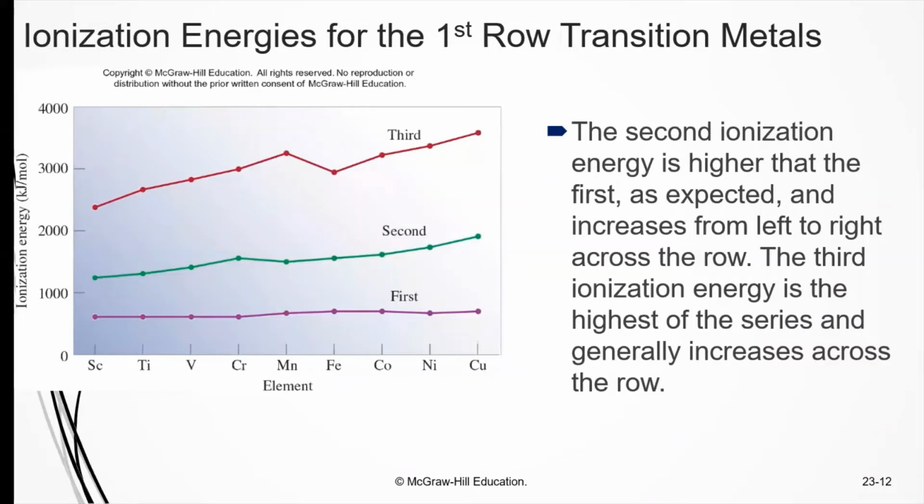We can also see that in general, we kind of trend from the left-hand side to the right-hand side in our ionization energy increases, right? You see it a lot more in our second, but scandium typically has a lower ionization energy than something, say, like copper, right? And so we do want to know that part.